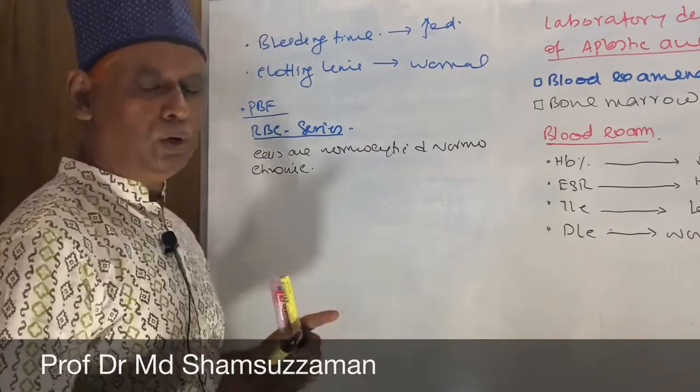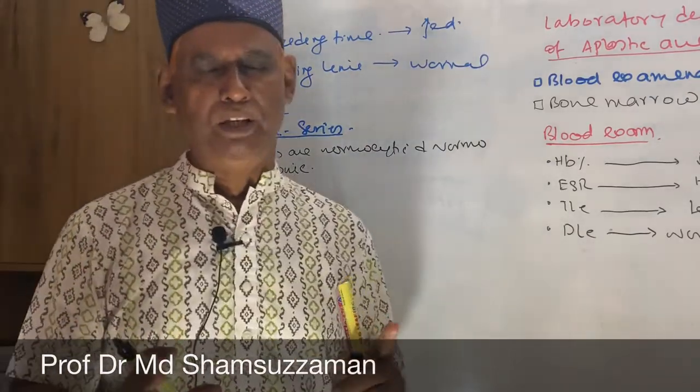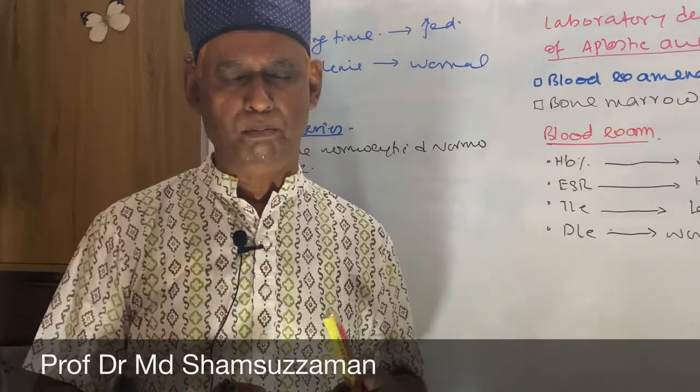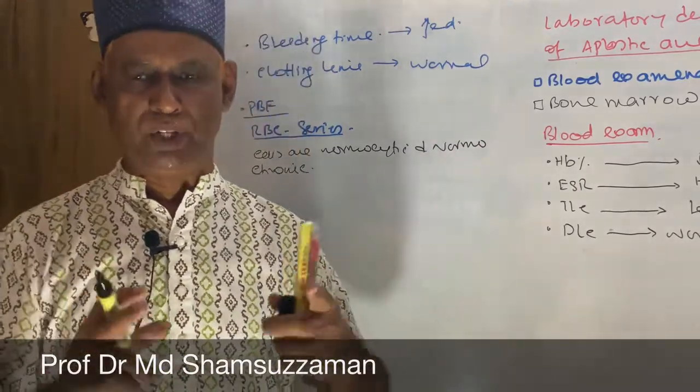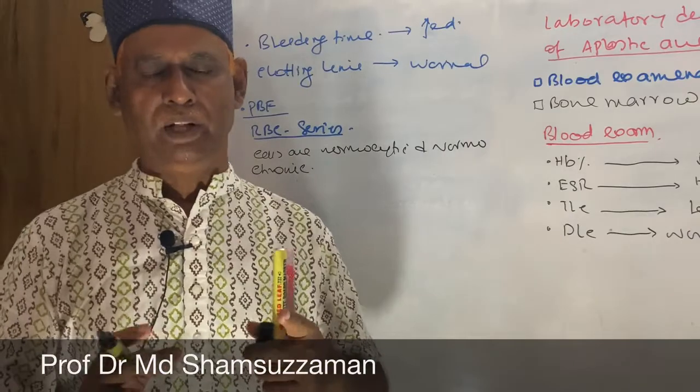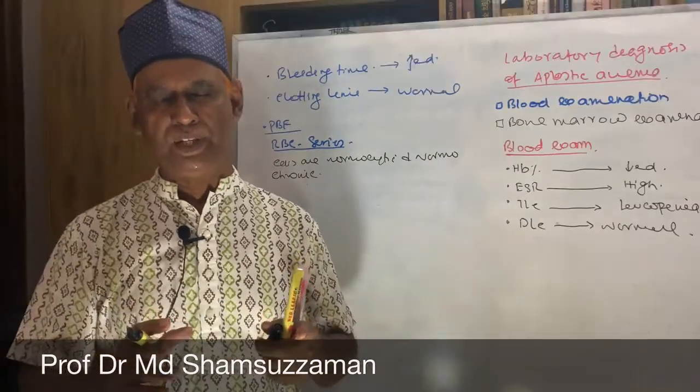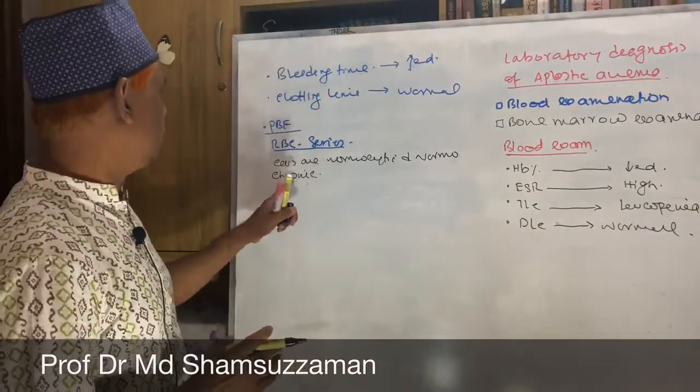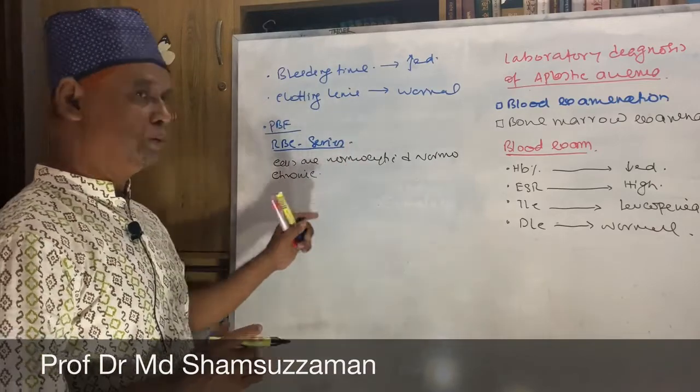Dear audience, in case of aplastic anemia, acute hemorrhagic anemia, and multiple myeloma, we get normocytic, normochromic RBCs. That is, MCV, MCH, MCHC are normal. So here we get cells that are normocytic and normochromic.